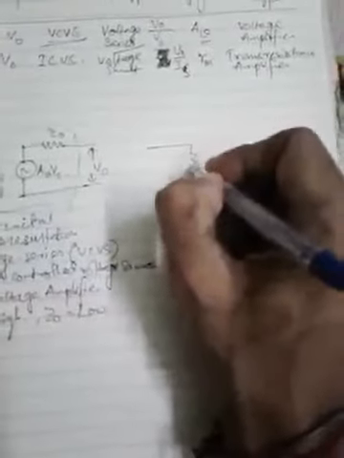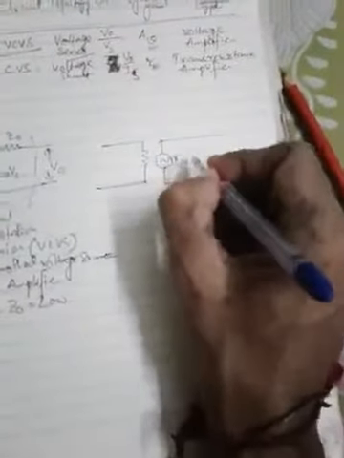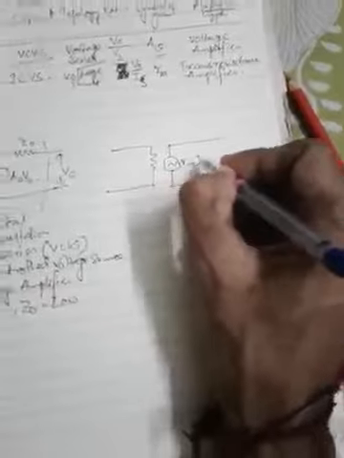Now if we want to draw the corresponding circuital diagram, which is given the name ICVS, current controlled voltage source. That means at the output side it should be a voltage source like this, whose value should be given as RMIS, because Rm is VO by IS, so VO means it is RMIS.